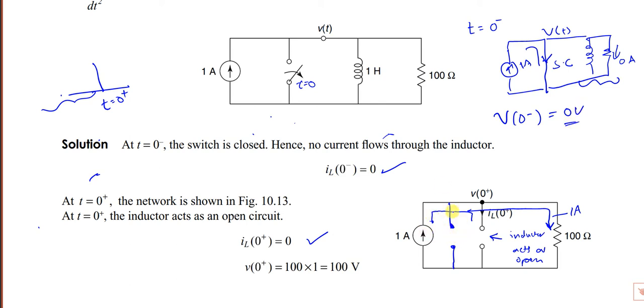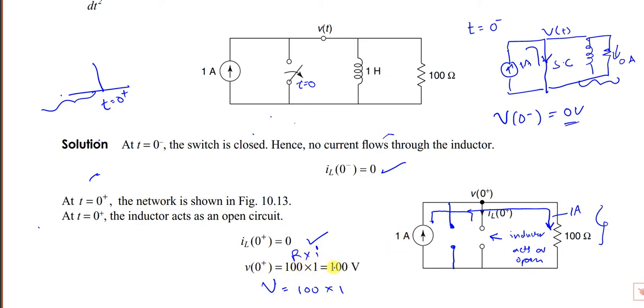But now the voltage V of t drops across the 100 ohms. So V is equal to what? V is equal to R into I. R is 100, I is equal to 1 amp.